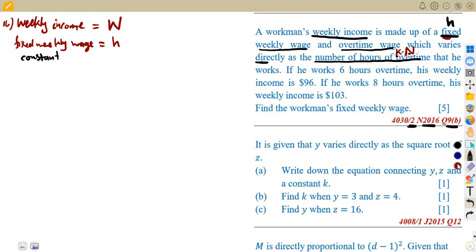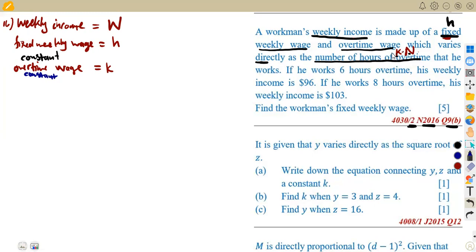So we've got the overtime wage in this case, which is a constant again, so we're just going to use K for that. This one is also a constant, affected by the number of hours.